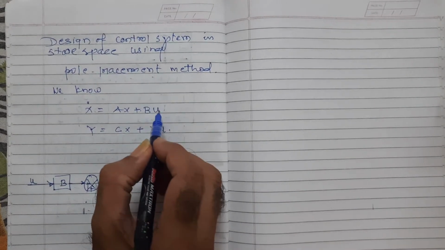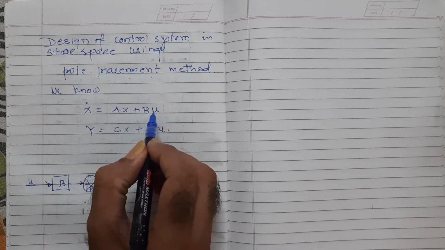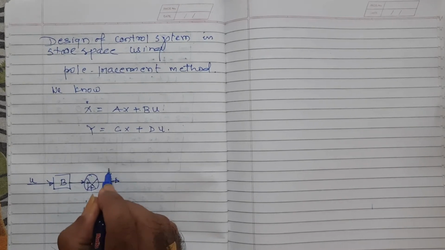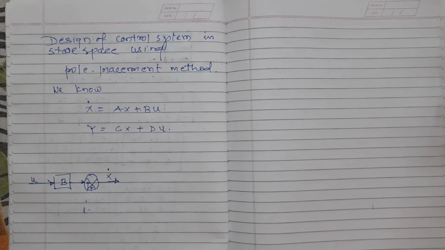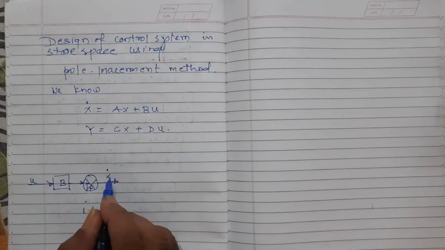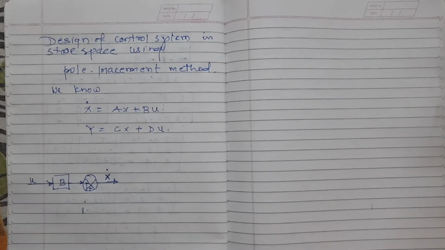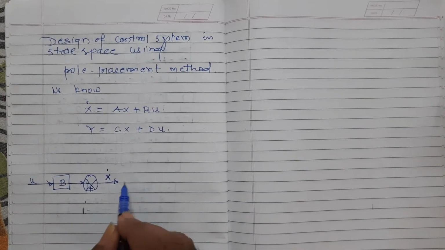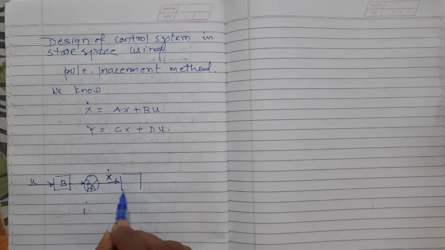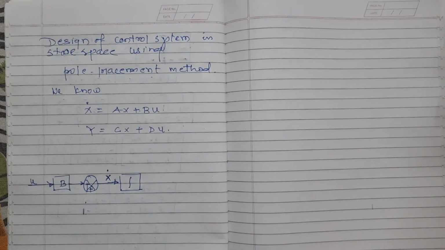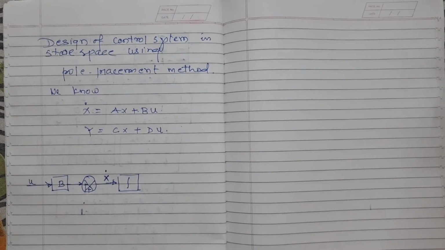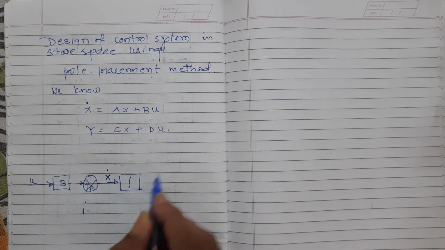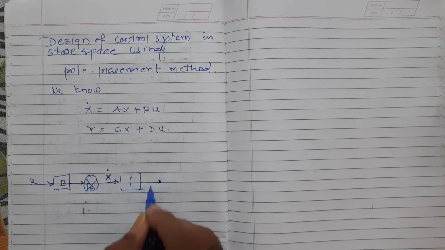Now see here, the addition of ax plus bu is x dot, so we put x dot here. Now we want this ax. Here we will have the integrator. It will integrate x dot, and here we get x.